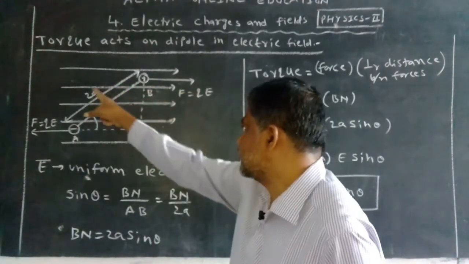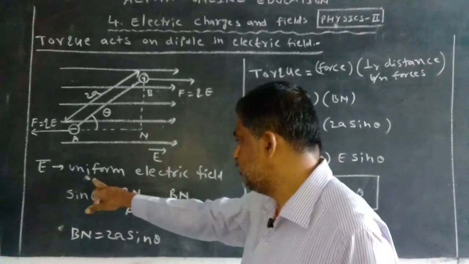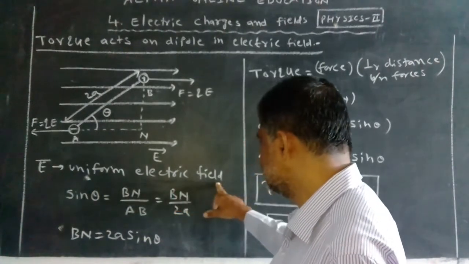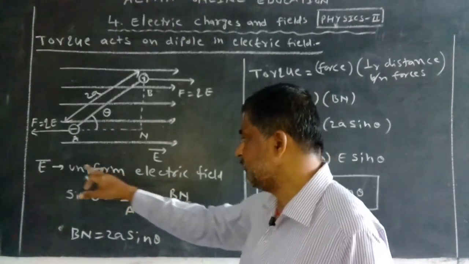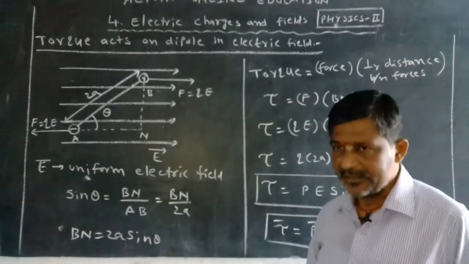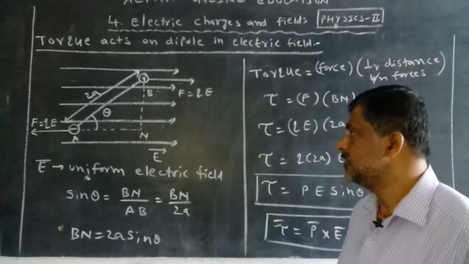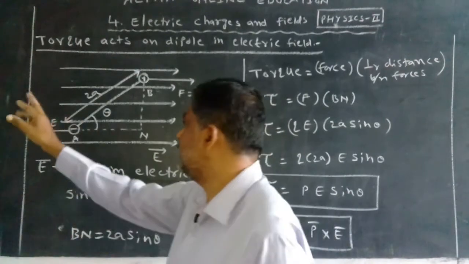These parallel lines indicate the uniform electric field. The uniform electric field symbol is E bar. In the uniform electric field, we take an electric dipole.